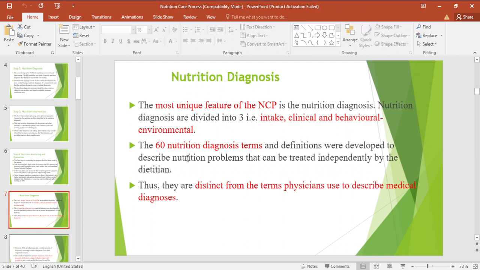We have 60 nutrition diagnosis terms and definitions that were developed to describe nutrition problems that can be treated independently by the dietitian, and they are distinct from the terms that physicians use to describe medical diagnosis. So nutrition diagnoses are very specific to nutrition, while medical diagnoses focus only on the medical aspect of the patient.